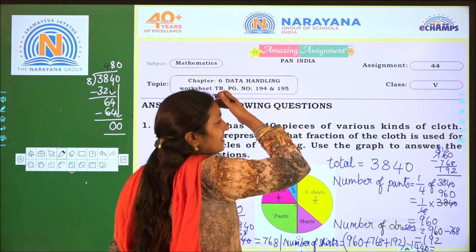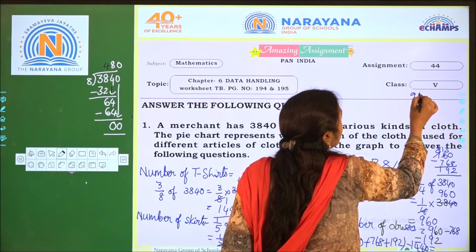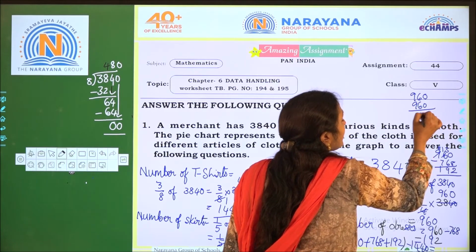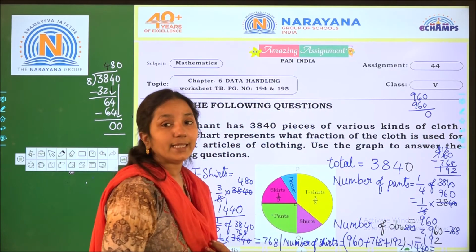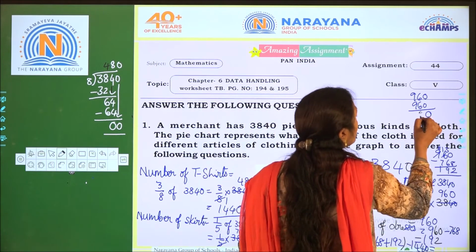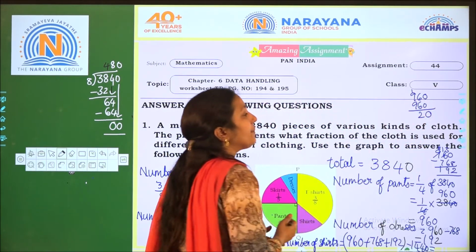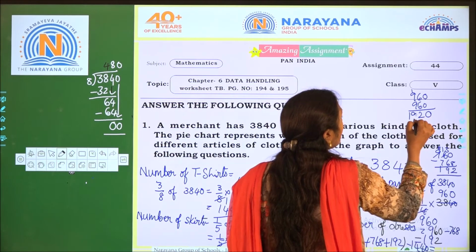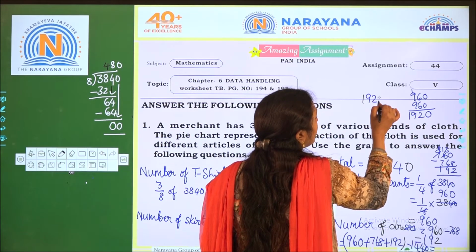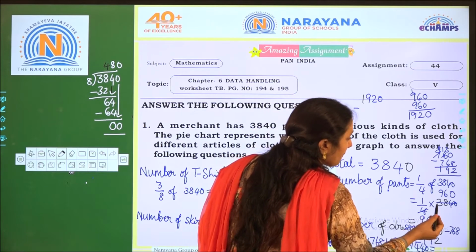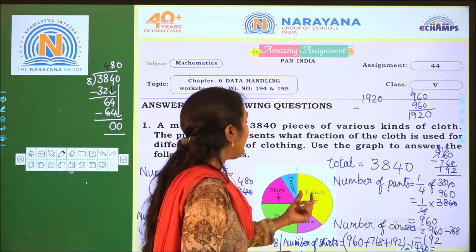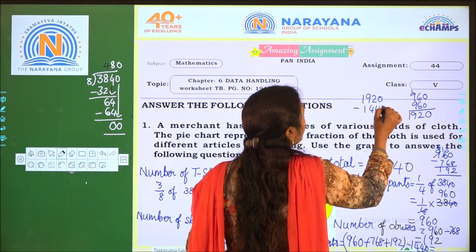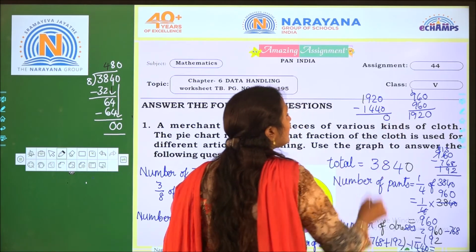So 960 plus 960, how much, children? 0 plus 0 is 0. 6 plus 6 is 12. 2, carry 1. 9 plus 9 is 18. 18 plus 1 is 19. From 1,920 we have to subtract the number of t-shirts, 1,440. 0 minus 0 is 0.